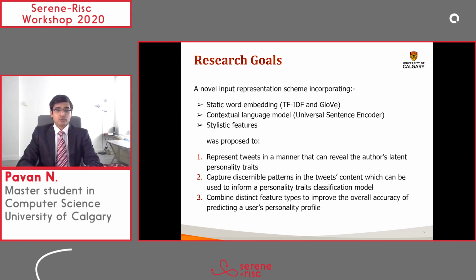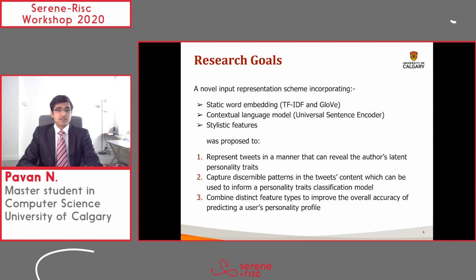And along with that, we use stylistic features, which are patterns in user texts that are not related to the text itself. For example, the number of ellipses, exclamation points or question marks, and the number of URLs, mentions or hashtags that users reveal. All of these are considered stylistic features.